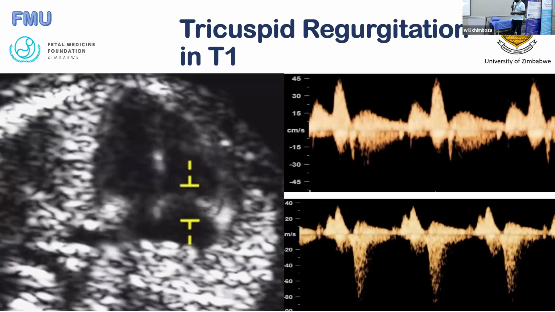Then this is abnormal. You can see that we've got these jets. Usually the upper limit shouldn't exceed 60. So here you can see these spikes showing that there is tricuspid regurgitation. And if the aneuploidy screening has been done and it's normal, this is another candidate for a detailed fetal echocardiography.